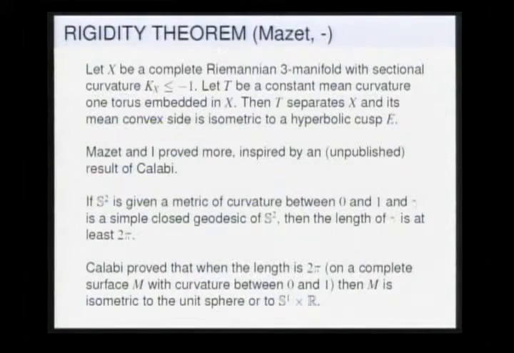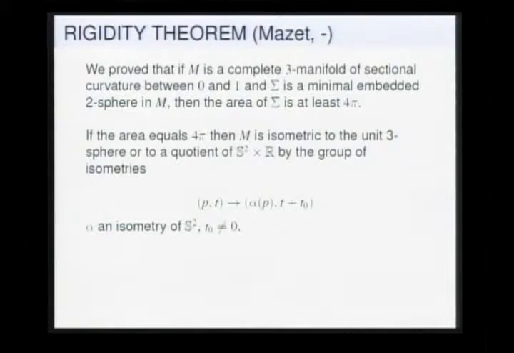So we asked ourselves the question, well, what about dimension 3? Is there an analog of this in dimension 3? And here's the theorem. Suppose M is a complete 3-manifold whose sectional curvatures are between 0 and 1, and you take a minimal embedded 2-sphere in M. Then the Gauss equation implies its area is at least 4 pi.